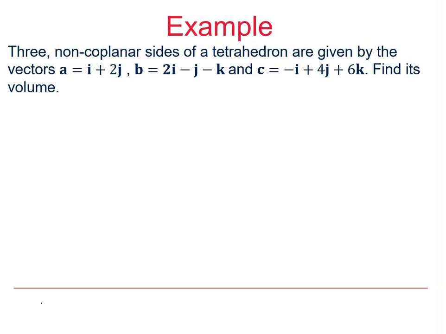So in this example we have three non-coplanar sides of a tetrahedron given by the vectors A, B and C. So these are the vectors that we need.